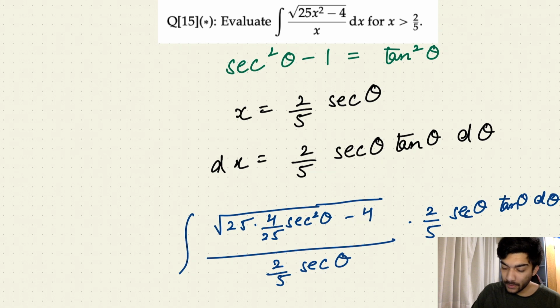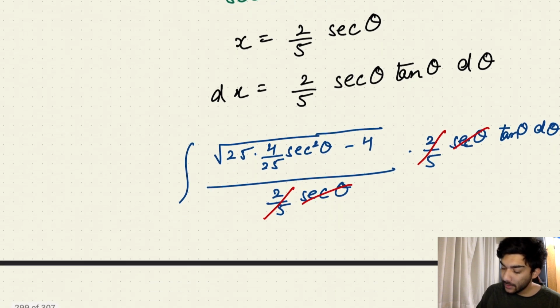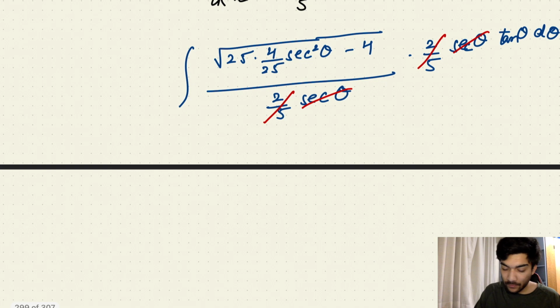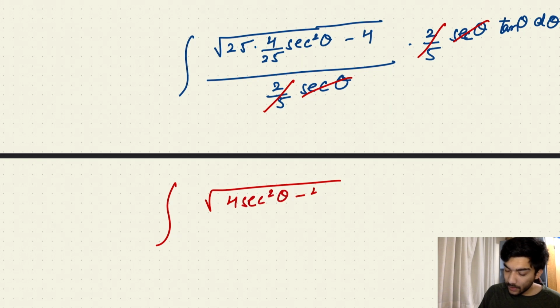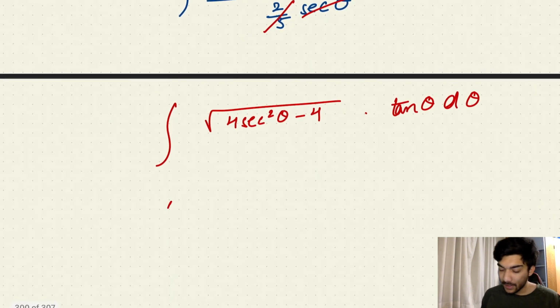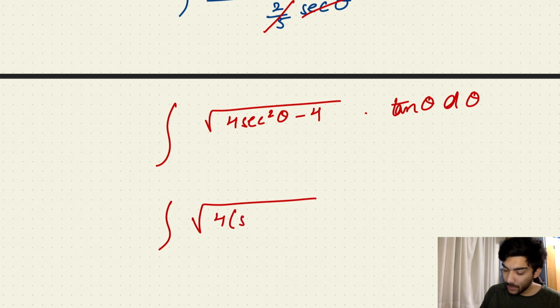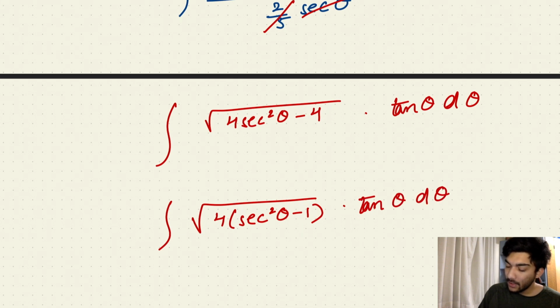Before simplifying this expression, we can clearly see that we can cancel this 2 by 5 with this 2 by 5. We can cancel secant theta with secant theta as well. So our final expression would simply become integral of square root of 4 secant square theta minus 4 times tan theta d theta. And this would be square root 4 times secant square theta minus 1 times tan theta d theta.